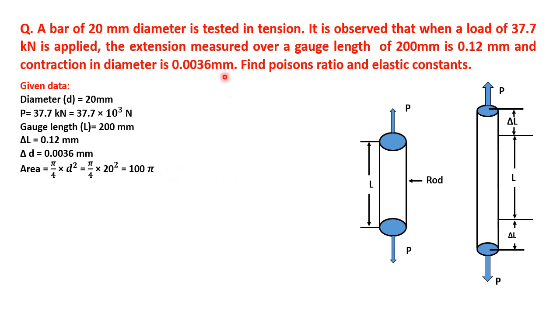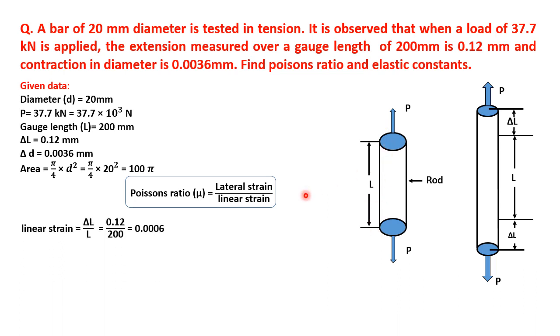Now in this question, first we have to determine the Poisson's ratio. The Poisson's ratio is denoted by the term mu, and Poisson's ratio is equal to lateral strain upon linear strain. Here, what is lateral strain and what is linear strain? Lateral strain is the change in the dimension and linear strain is the longitudinal strain. Linear strain is the change in length upon original length.